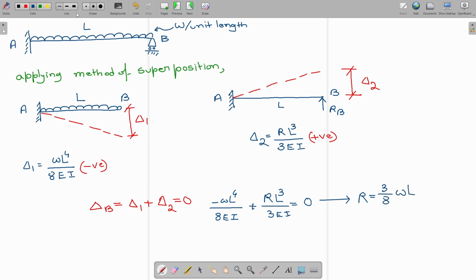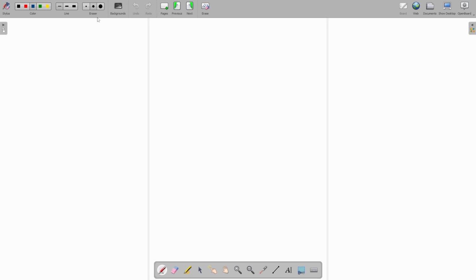Okay. Now let us draw the beam. This is the beam. This is the reaction R. Okay. This is the UDL, W per unit length.